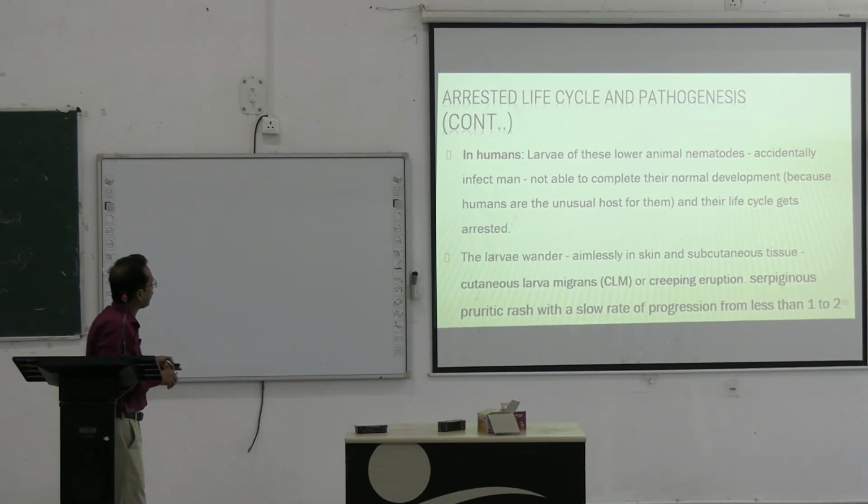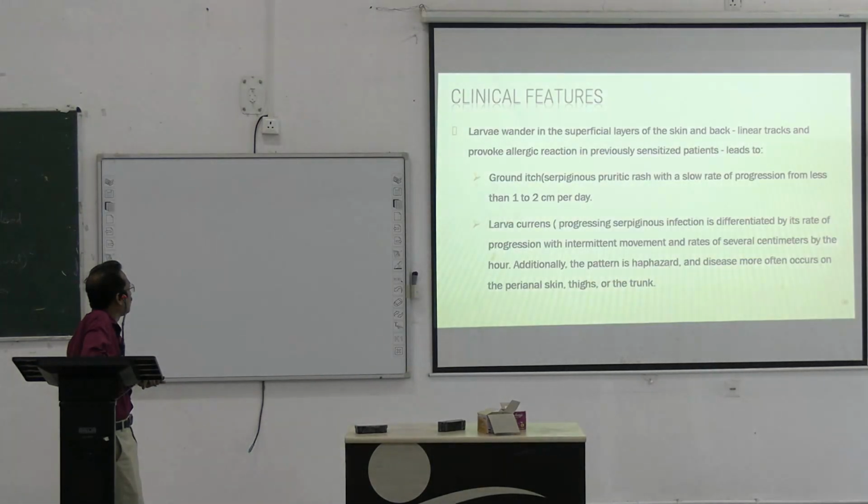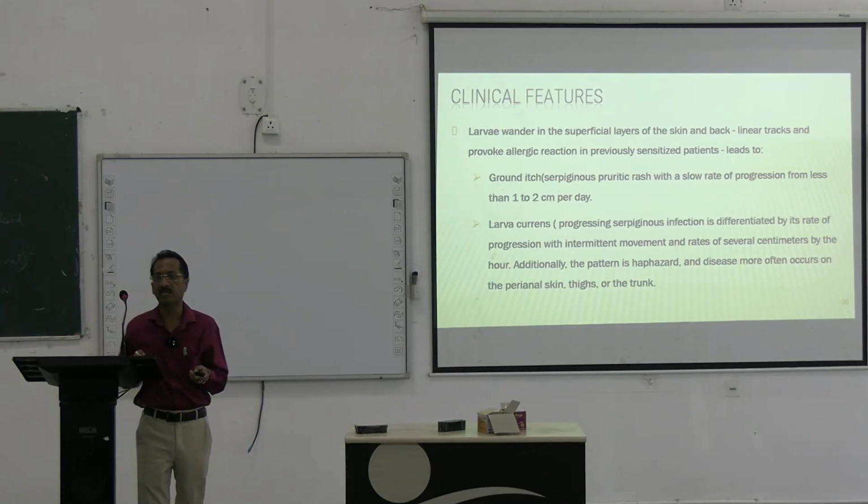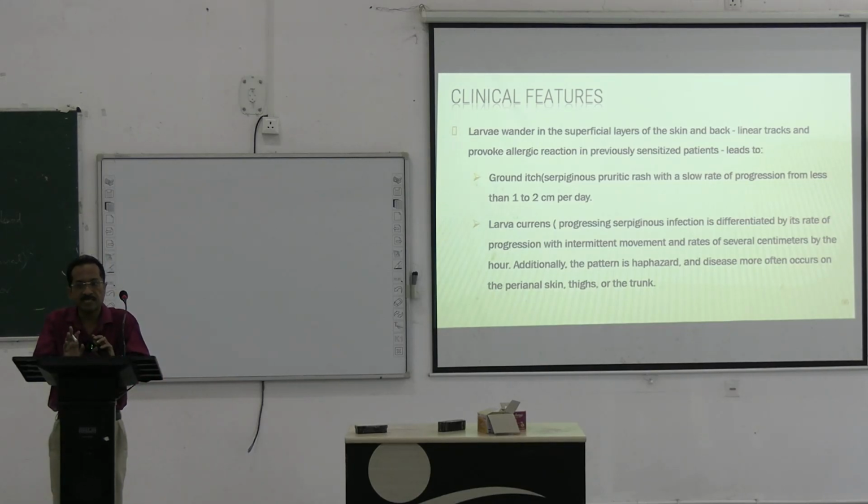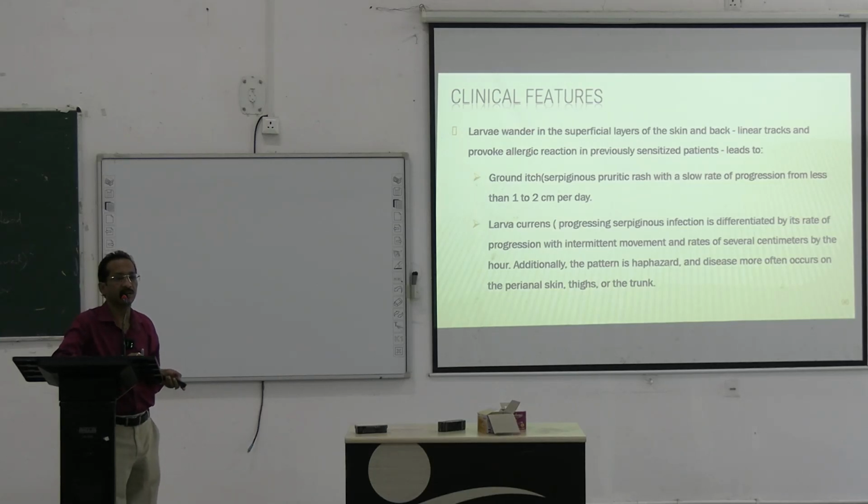These lower animals accidentally infect man, but they cannot complete their normal development, and the larva wander aimlessly in the skin. Cutaneous larva migrans or creeping eruption, serpiginous, and the rate of progression is 1 to 2 centimeter per day for larva migrans, and for larva currens it is 1 to 2 centimeter per hour. Larva currens is caused by Strongyloides stercoralis.